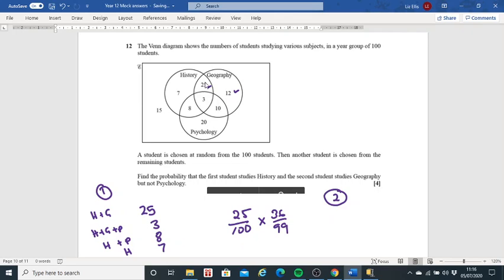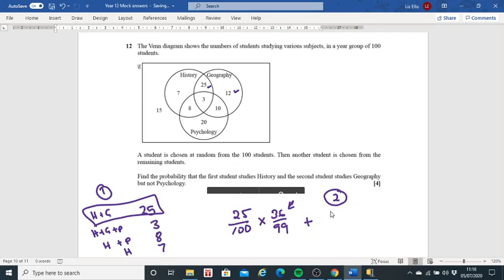Can you see this is 37? We've got 25 people, plus these people is 37. Why is it 36? Because I've already chosen a student. I'm looking at this top one here. I've already chosen a student out of this particular category. So that's why we've got 36 over 99. So that's our first option.